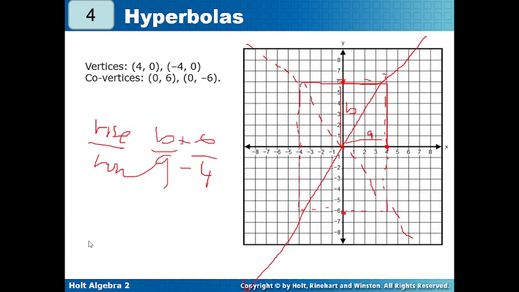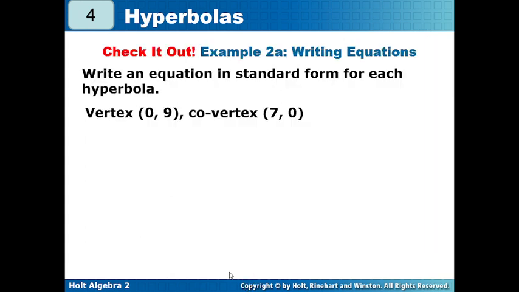Okay, so if you're going to find this one already, let's check this out. We are going to write an equation in standard form for each hyperbola. So we have the vertex and co-vertices. Step 1, we know that a squared is for the vertex, and the value of a is 9, so we have positive and negative 9.